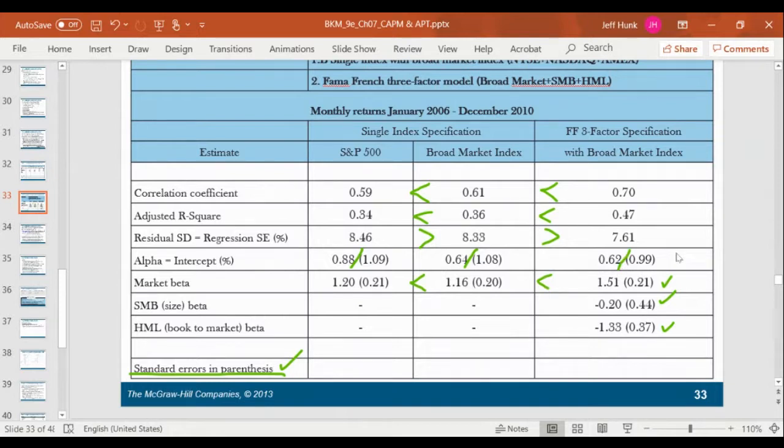None of the t-values of the alpha is statistically significant, right? Now, this market beta, you can tell is significant. We can already tell the t-value will be greater than 2.